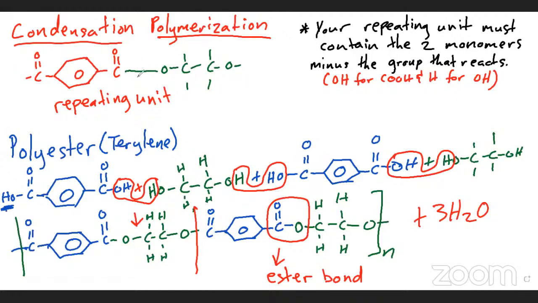So don't just connect them and forget to take off the H of the alcohol and the OH of the acid. Student: You don't add them because you leave them off because it continues, basically. That is correct. It's just a partial structure, so we need to show that it continues. Student: Could you repeat what she just said, please?